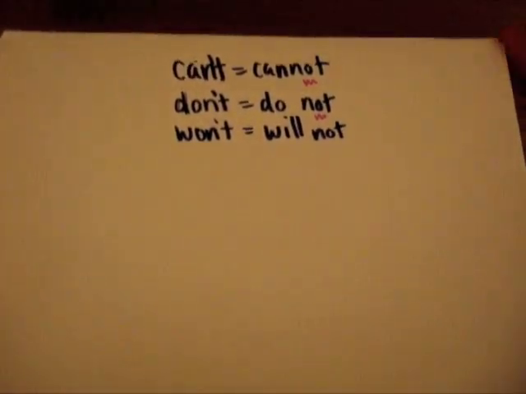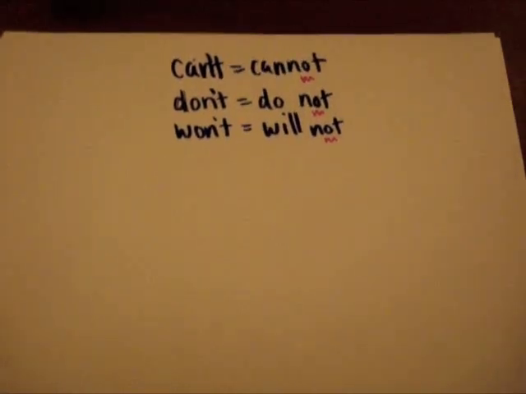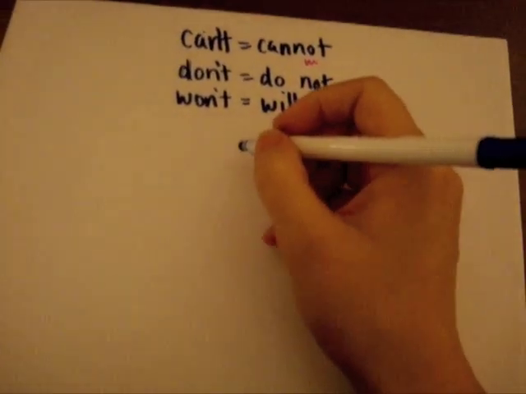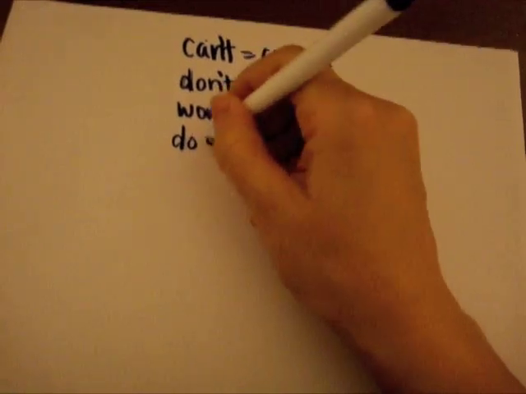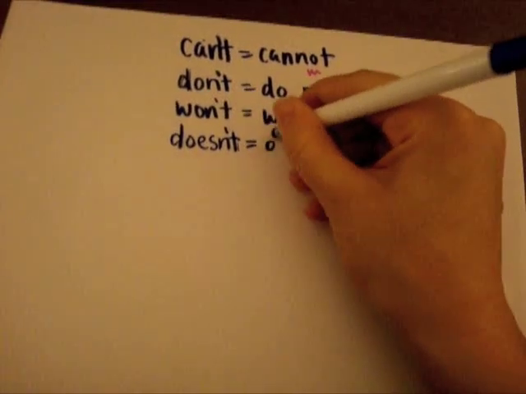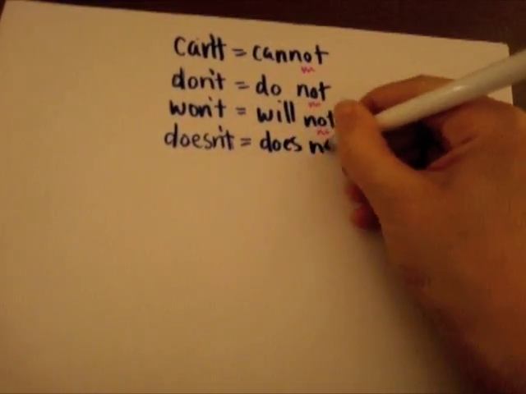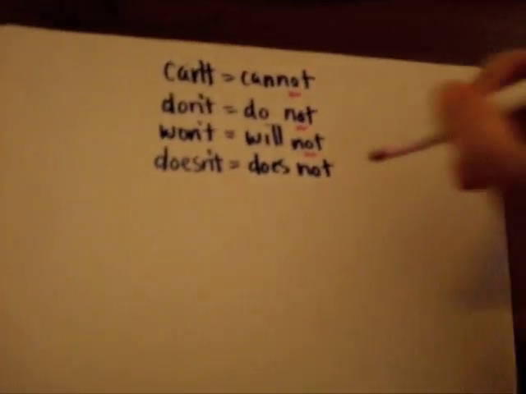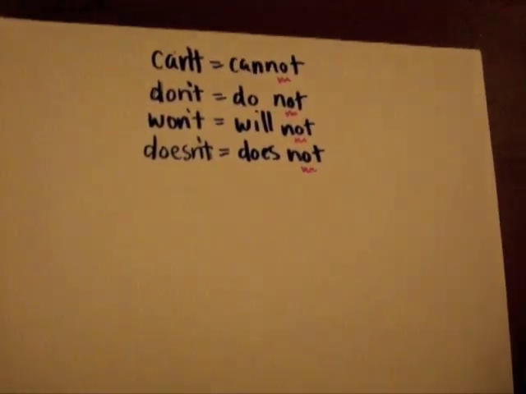Even though the letters change, the apostrophe still represents the missing one, the O. The word doesn't, which many of us misspell, we should remember means does not, with the apostrophe representing the O.